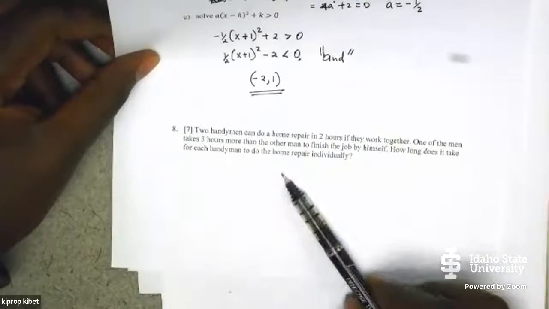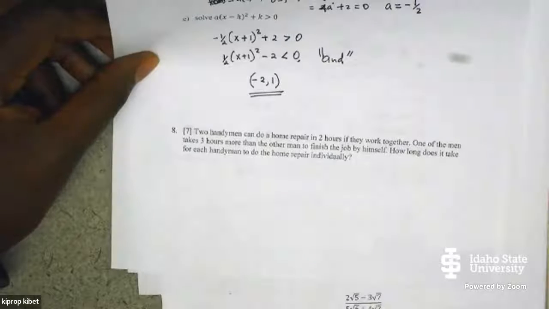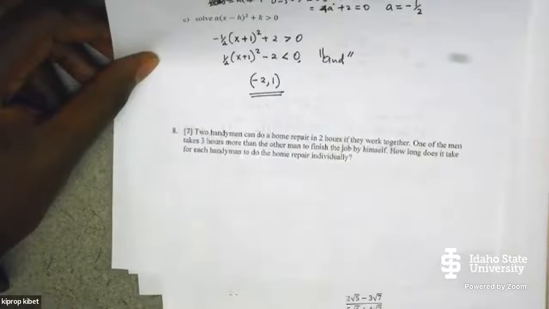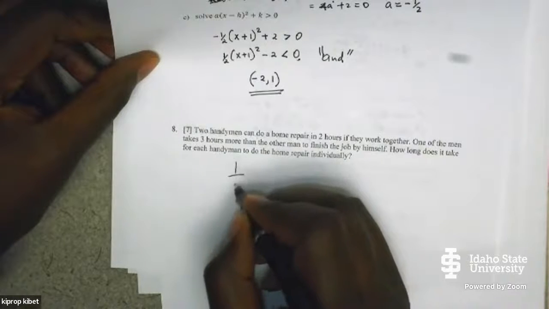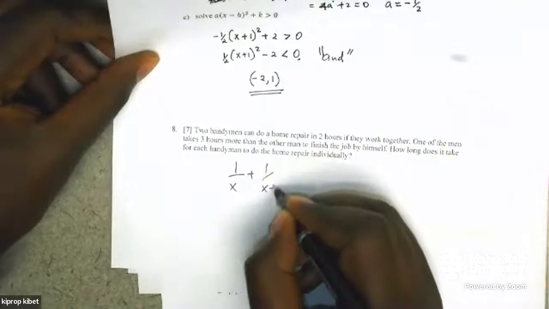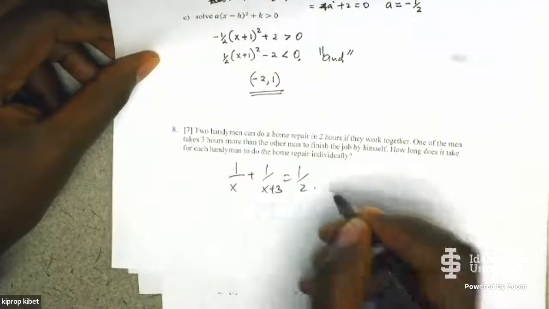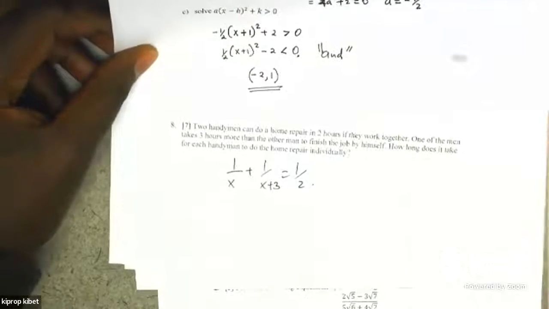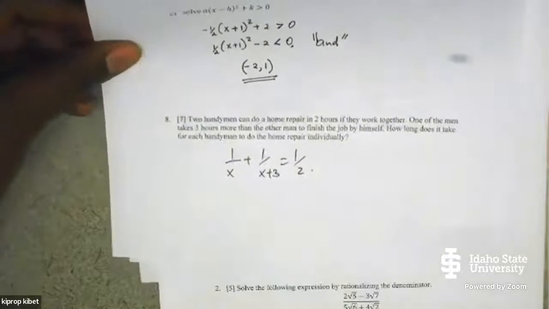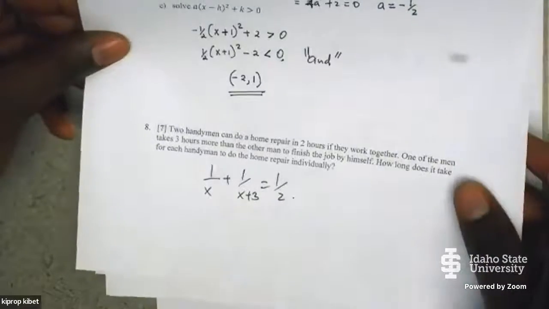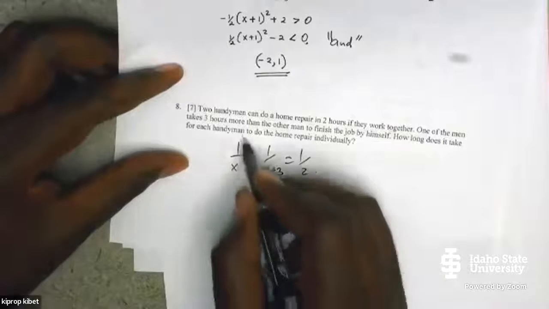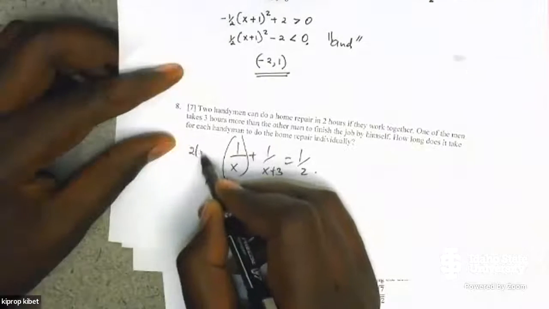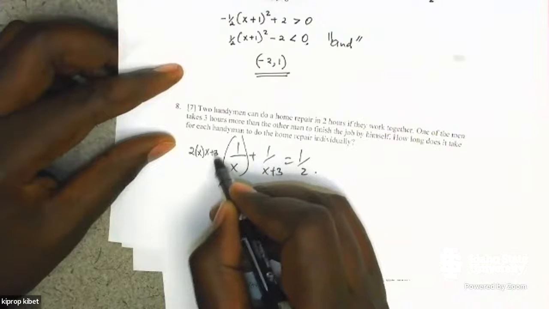The next one, we did a lot of these in a lot of sections. This example was in most of the sections, the application part of it. So 1 over x plus 1 over x plus 3 equals 1 over 2. Then you just solve the value of x. To solve it, you multiply this by 2x(x plus 3).